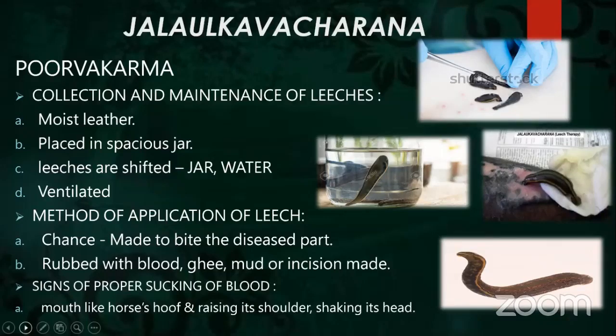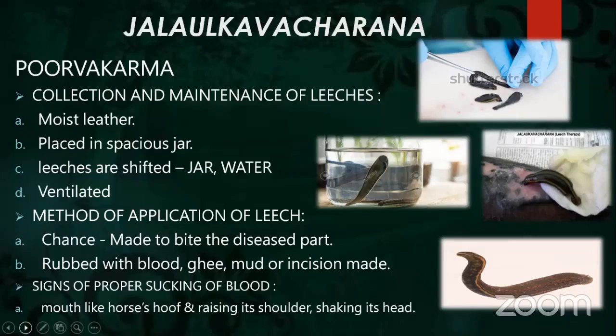After collecting the best quality leech, we have to be very conscious about leech migration. So it is best to collect using a glove. Before using the glove you have to give a proper wash to the glove, then you collect the leech.